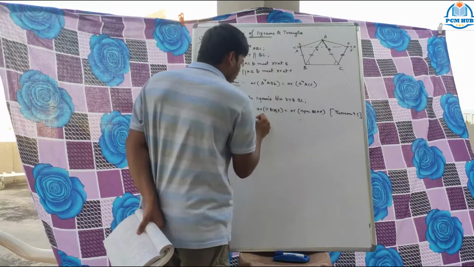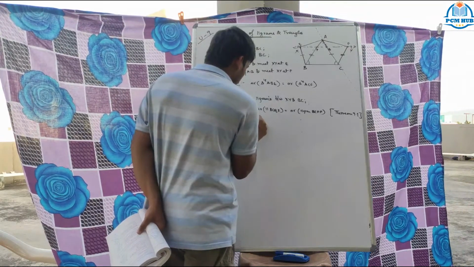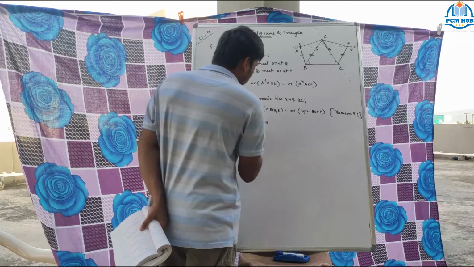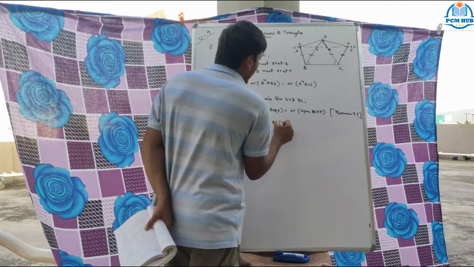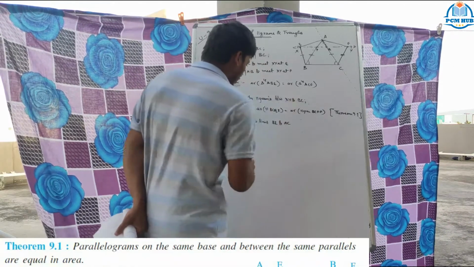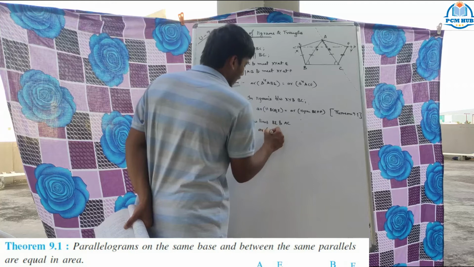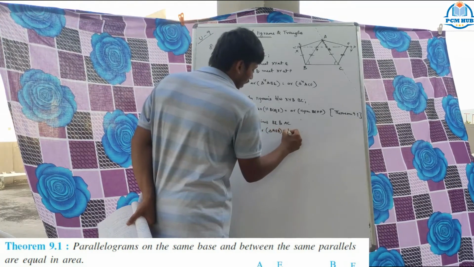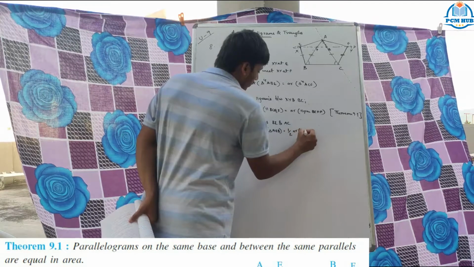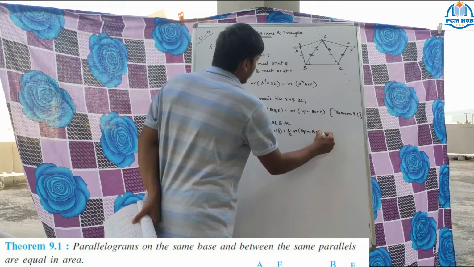Next, going to the second statement. Now, between lines BE and AC, area of triangle AEB is equal to half the area of parallelogram BCQE.